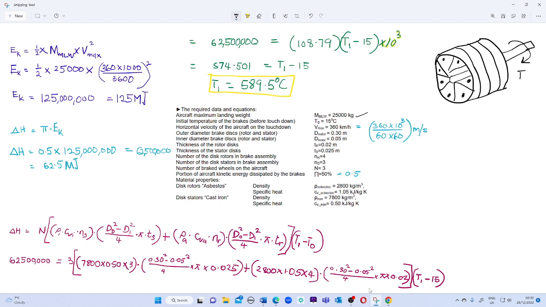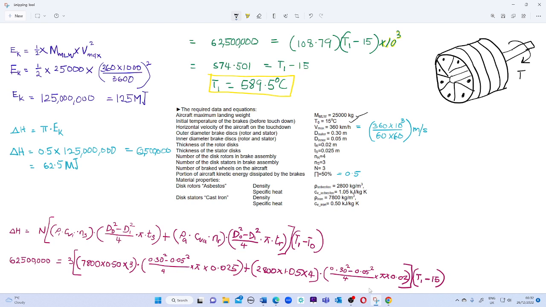We are given the initial temperature of the brake as 15 degrees Celsius. We are given the horizontal velocity of the aircraft on touchdown, Vmax, which is 360 km per hour.